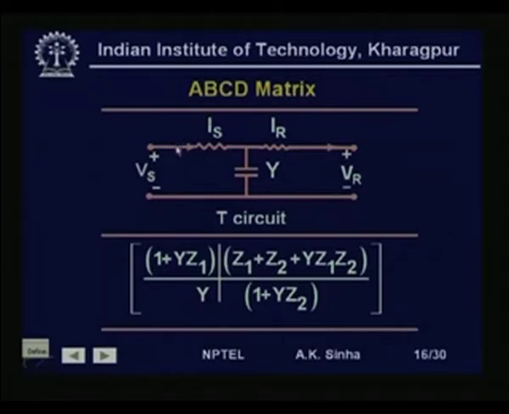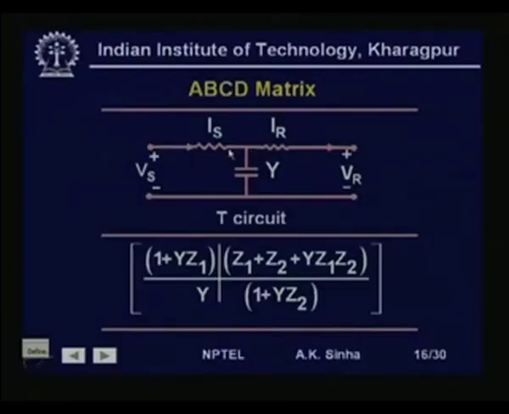Similarly, instead of using a pi equivalent model, if we use a T equivalent model, where what we do is we divide the total series impedance into two equal parts and lump the total capacitance as one capacitance and put it at the center of the line. Then in this model we have Z by 2 and Z by 2 here and total y is here.